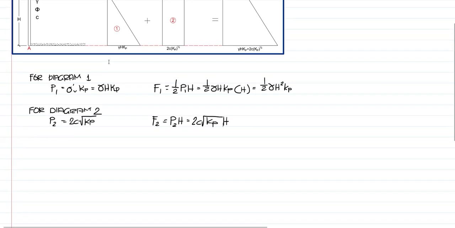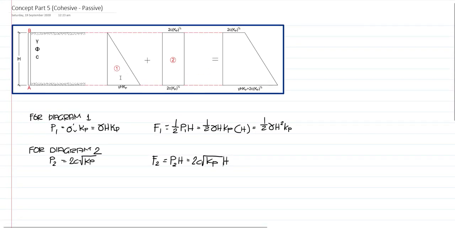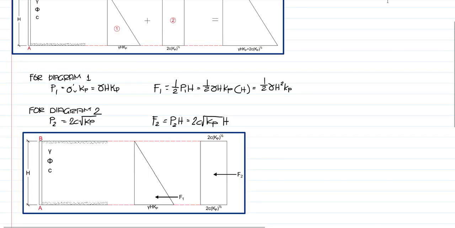So, makukuha natin yung resulting force by just adding force 1 and force number 2. So, as you can see dito sa diagram na to, pareho silang papunta to the left. So, i-add lang natin silang dalawa to get the actual force.